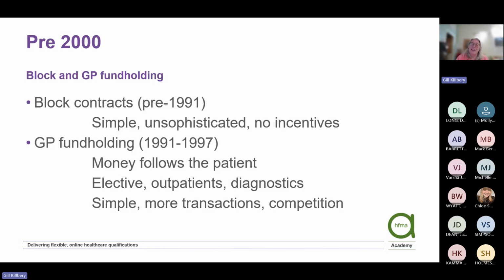That's why they brought in a thing called total purchasing pilots. I know about that one because that's when I came in. Awfully long time ago. But then in 1998, we got primary care groups, which were groups of GPs brought together to manage larger areas. They used the principles of fund holding to some extent for larger populations and geographical areas and incorporated all care.